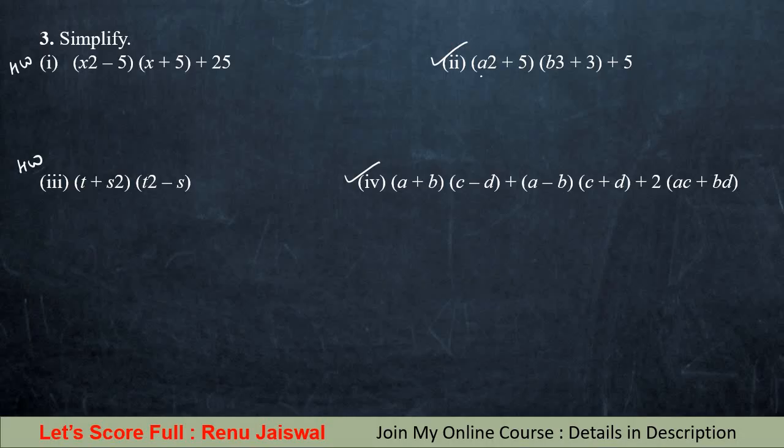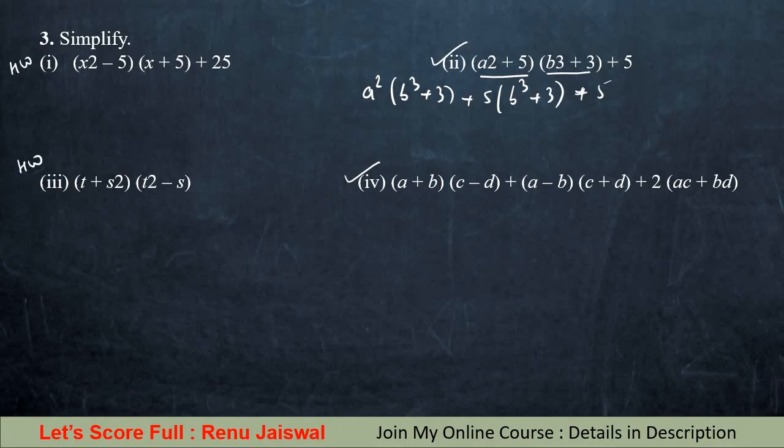When I multiply, the process to multiply binomials is to take the first term, second bracket as it is. Remember, this is not b^3, it is b^2. While copying the question, it came out like that. So a squared times (b^2 + 3), then 5 times (b^2 + 3), and then there is a 5 at the end.